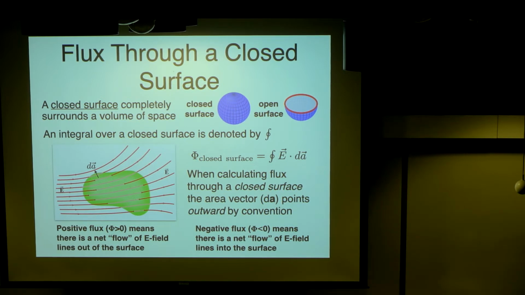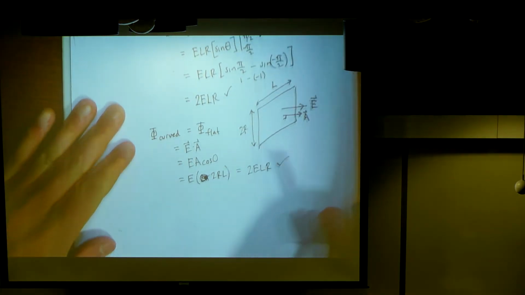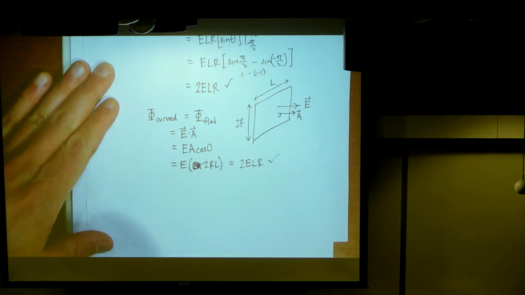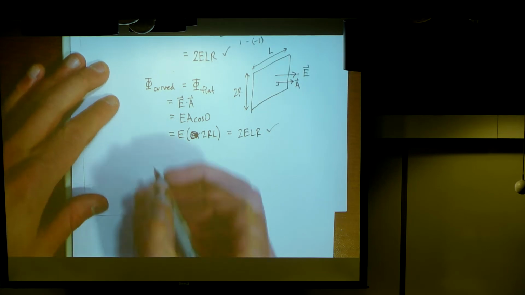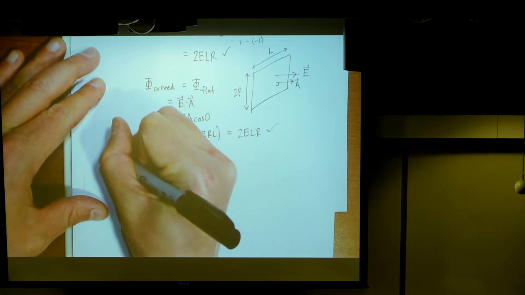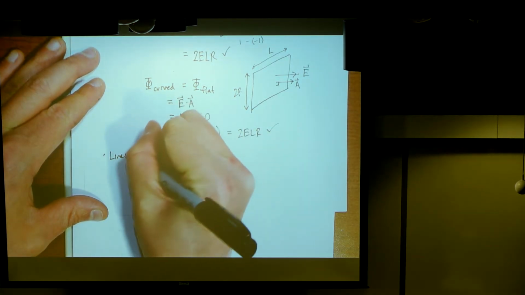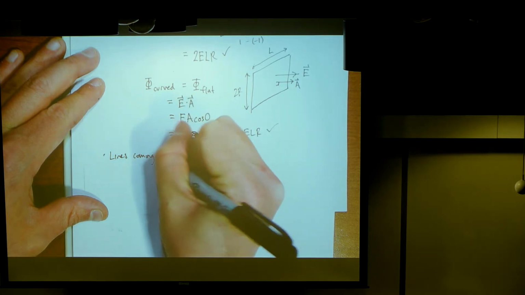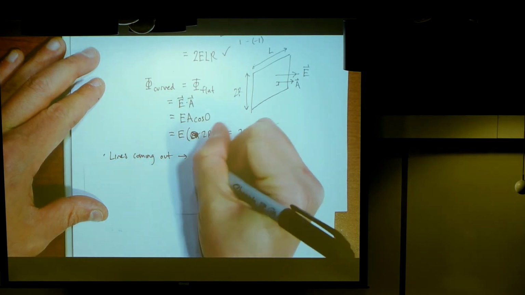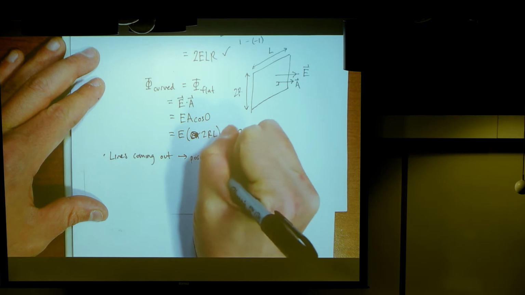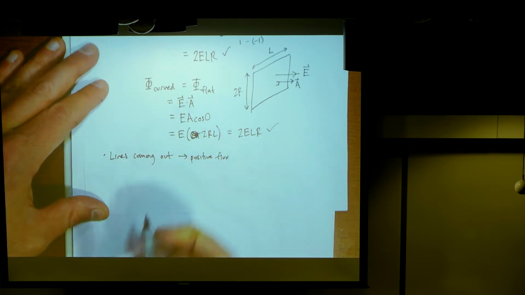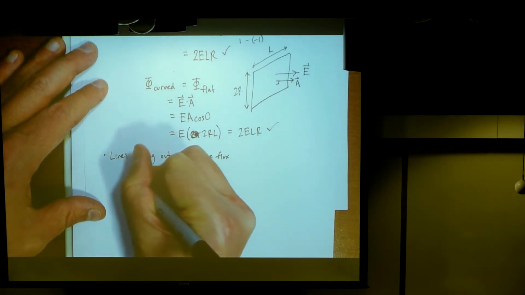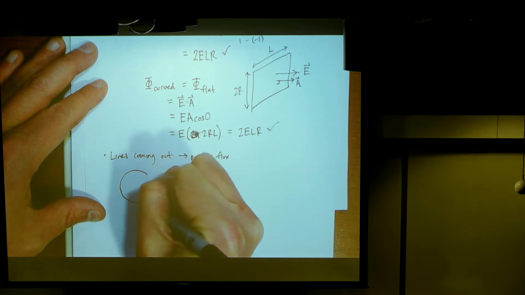So, let me just try to make this convention as clear as possible, okay? Let me just sketch out a few pictures and hopefully you'll see it a little better. Okay, so what I'm trying to convince you of is that lines coming out of your surface is positive flux. Okay, so let's just say that my surface is a sphere like this.